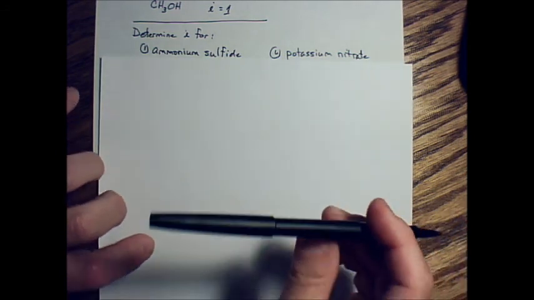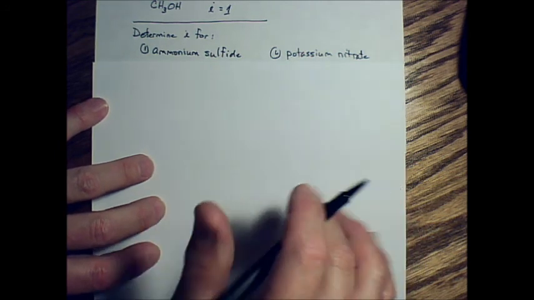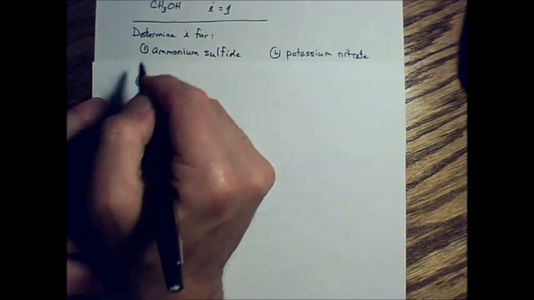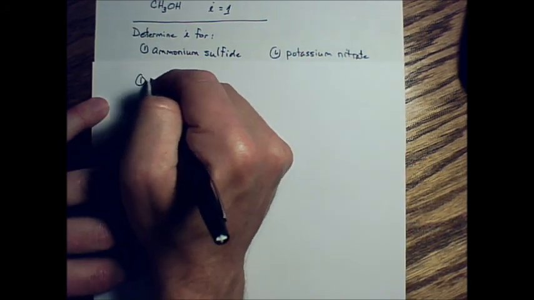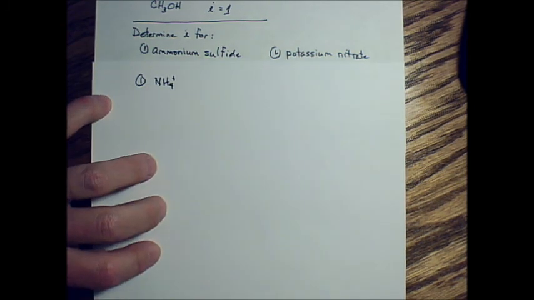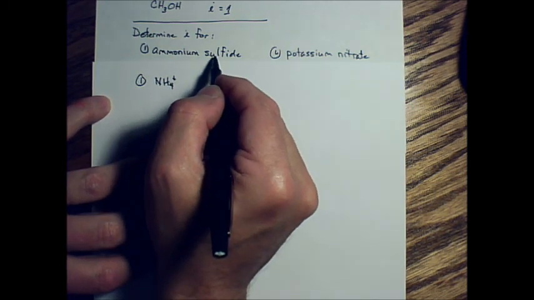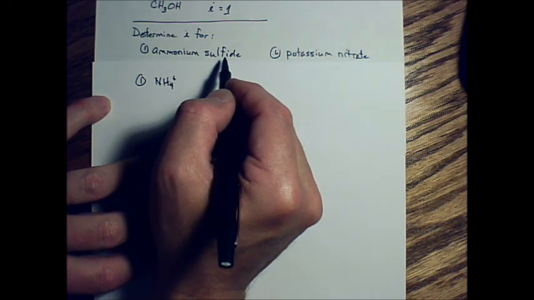You have to know whether it's ionic. Number 1, ammonium, you find on the common ions list, and it's NH4 plus. If I have a plus charge particle, then this must be a negative charge particle.